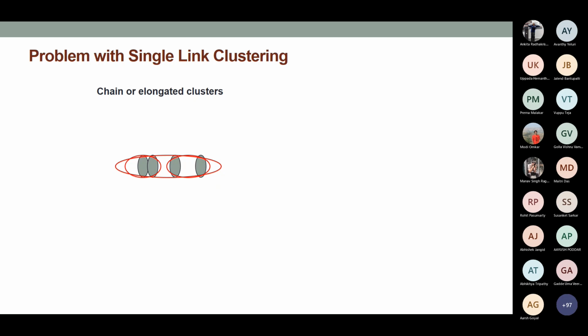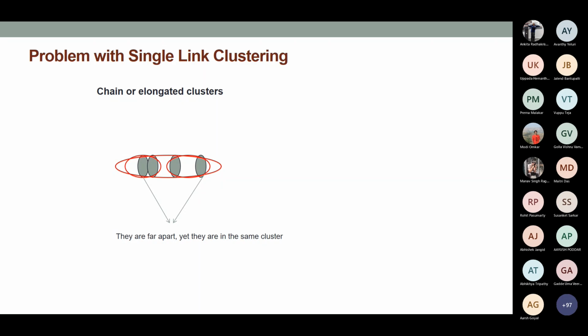That's the problem. What you get is that 2 points which are very far apart, one on the extreme left and one on the extreme right, are still put together only because they are connected via some other points in between. This phenomenon is called elongated clusters in single linkage clustering.